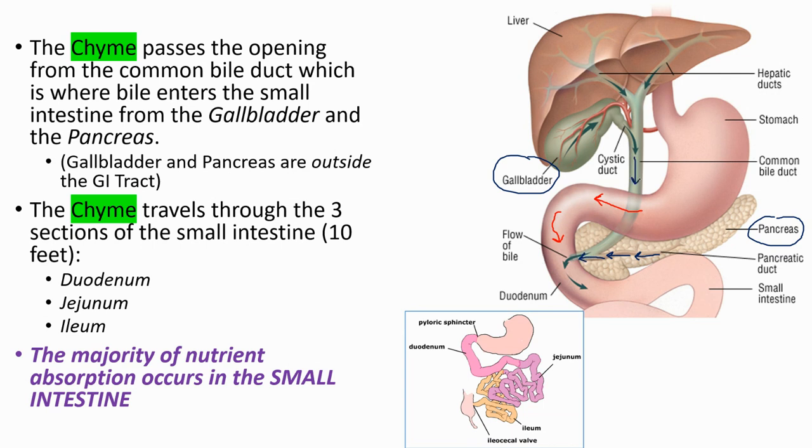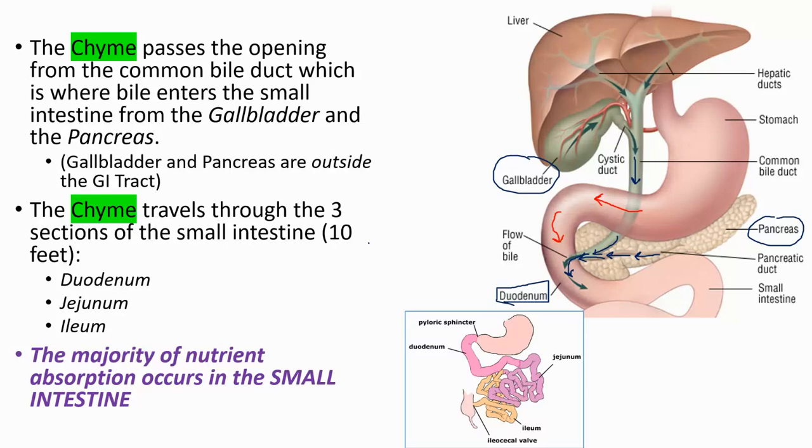You're also going to have bile coming from the liver and from the gallbladder also entering right here into this first section of the small intestine called the duodenum. So for the pancreas and gallbladder, the food doesn't actually flow through those structures. They add material to the contents of the small intestine as chyme passes through it.